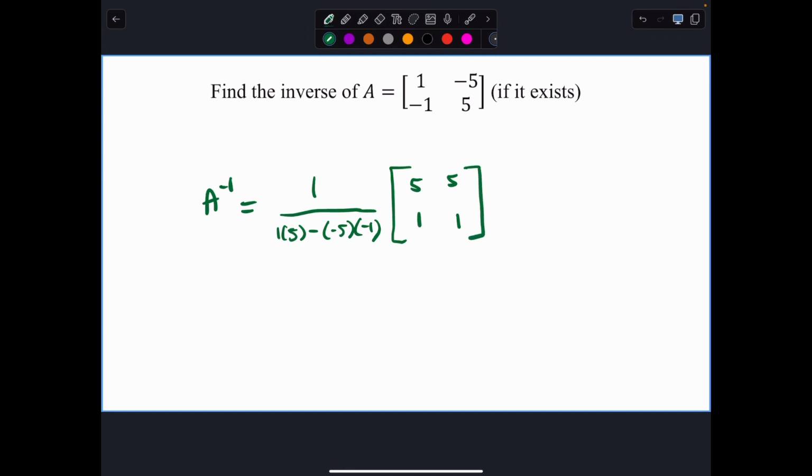But then you're like, well, wait. That ends up being 1 over 0, because the determinant is equal to 0. So then you're like, well, wait, that doesn't work.